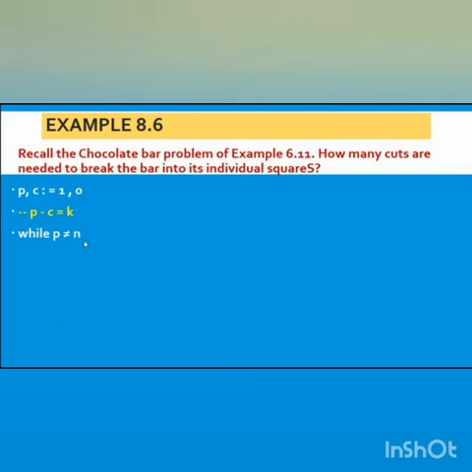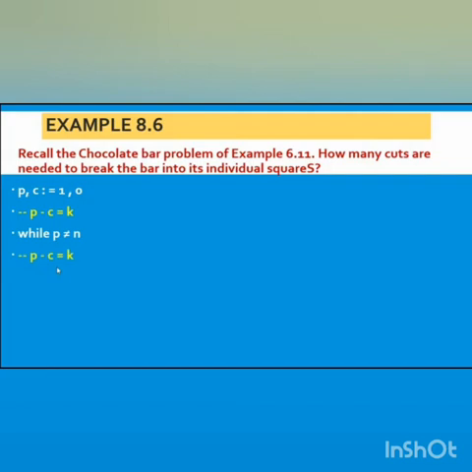Yes, the condition is true. Then the next statement, p minus c = K. Before the loop also, p minus c = K should be true. The p value is 1 and c value is 0, so 1 minus 0 is equal to 1. Then after the loop also I have to check p minus c = K. Yes, here also the same value, 1 minus 0 is equal to 1.